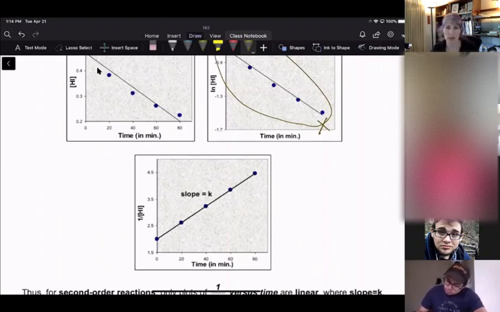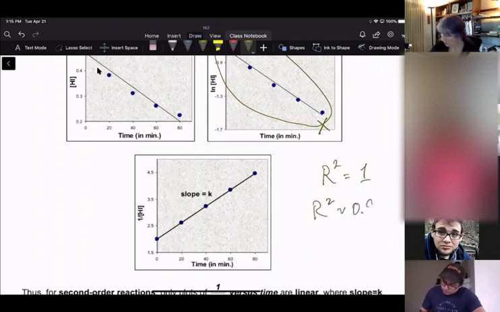And then you can use some mathematical ways to tell. The best way is typically to look at the r squared value, and that should be pretty close to 1. Have you heard of that already when we did the Beer's Law lab? Did you look at the graphical analysis for that? Yes. Yeah, and r squared was supposed to be 0.998 or better, or closer to 1.